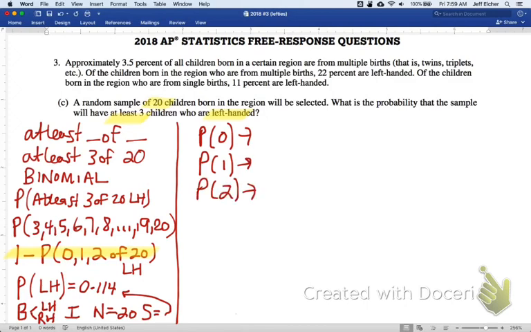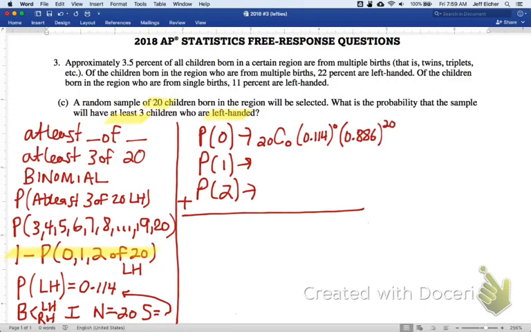Once we find those probabilities, we'll add them together and then subtract from 1. So probability of 0, you would have 20 choose 0. Left-handed probability is 0.114 to the 0. And not left-handed is 0.886 to the 20.